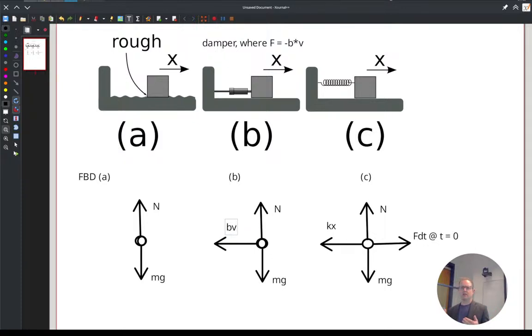That's how all of our shocks in cars, bikes, even doors work. That door has a little torsion spring inside of it and a torsion damper, so that if it spins really fast, it slows it down.